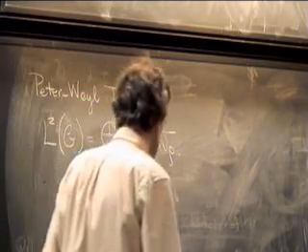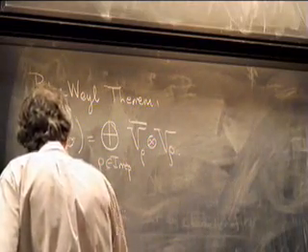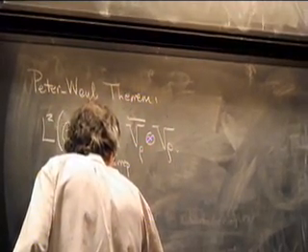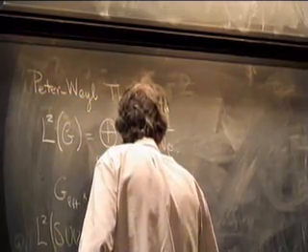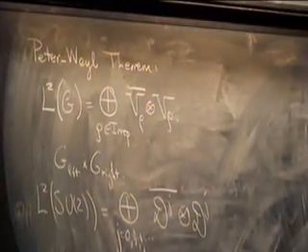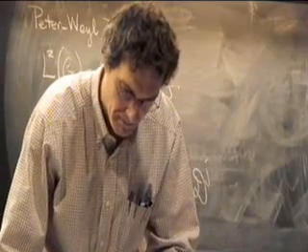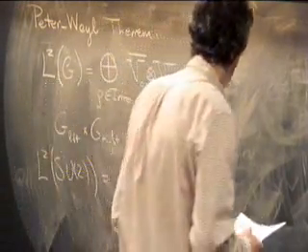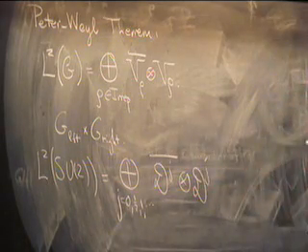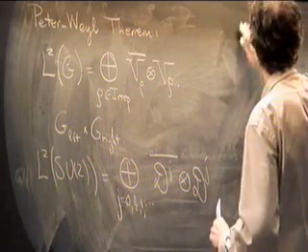Now we can apply that to SU2. So for SU2, that says L2 of SU2 is the direct sum from J equals 0, 1/2, 1, dot, dot, dot, of the representation of spin J tensor the representation of spin J. Okay, so I think you all know the representations of spin J. The way we go from this abstract thing to a function on the group is we look at matrix elements.